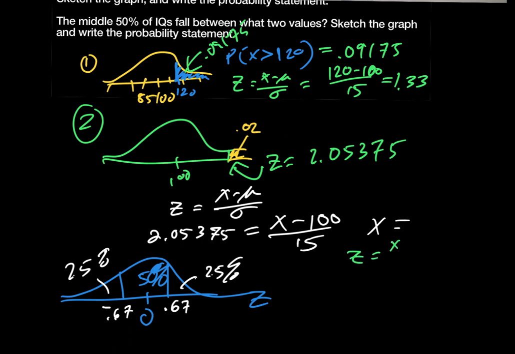Z equals X minus mu over sigma. Negative 0.67 equals X minus 100 over 15. Solve that one. Then redo it for positive 0.67. Solve it out. You would get then the two corresponding IQ scores for the middle 50% of IQs. There we go. That's what the question was asking.